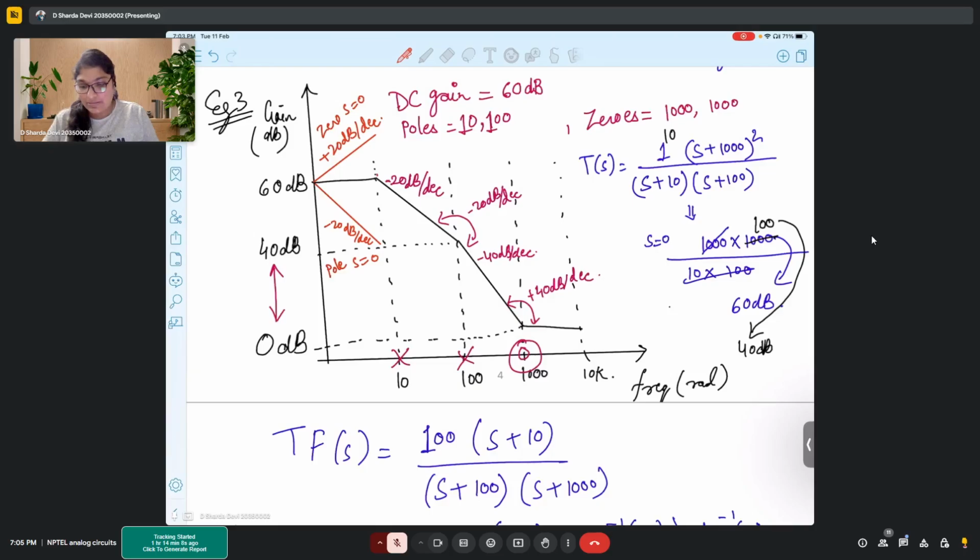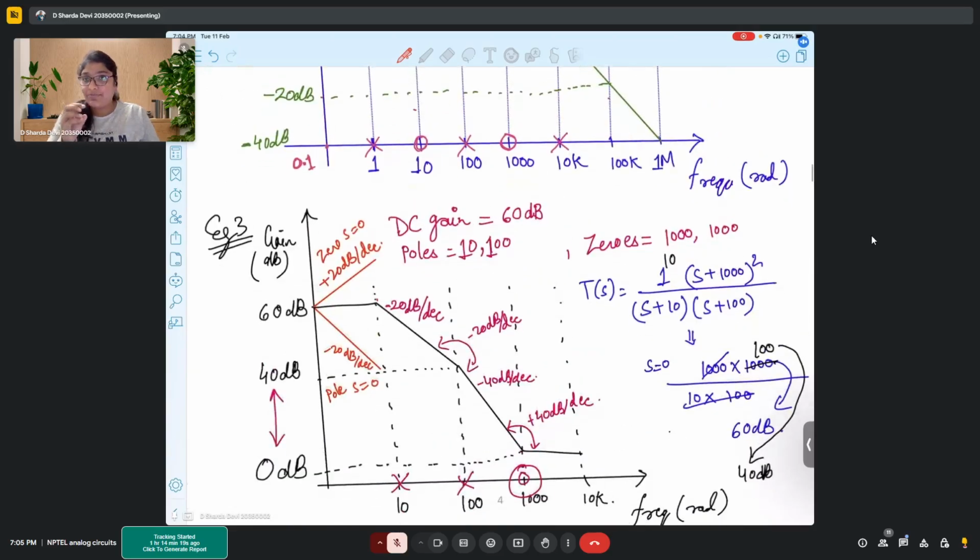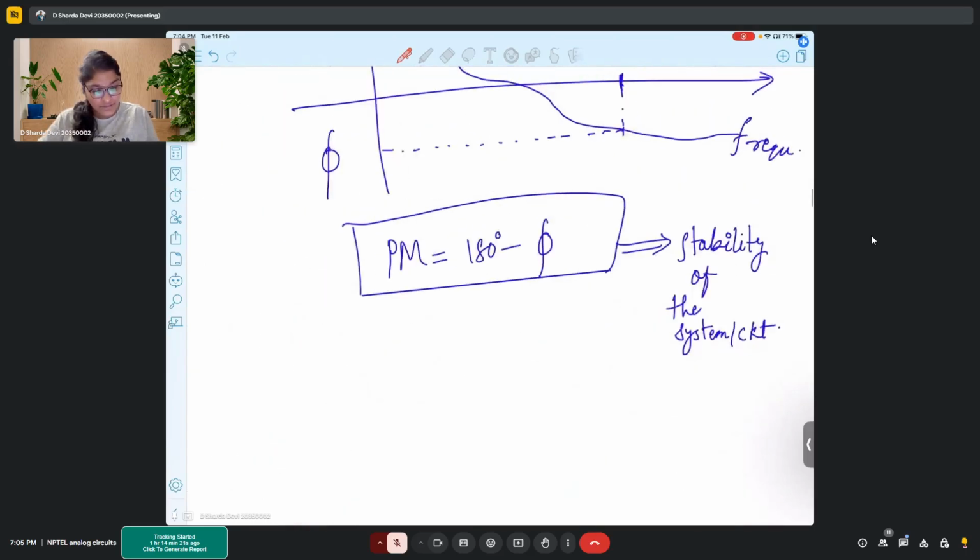Ma'am, definitely there will be some poles and zeros, but if we put s equals 0, then we get only the DC gain, ma'am. So how will your transfer function look when you have a pole or a zero at zero? It will look somewhat like s plus 10, let's say, upon s plus 100, s plus 1000.